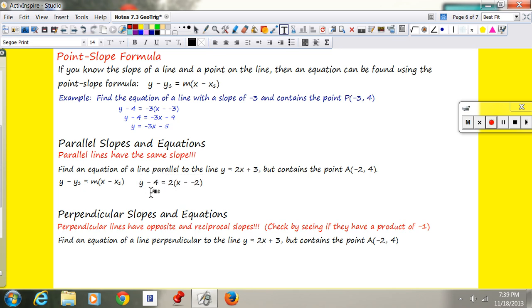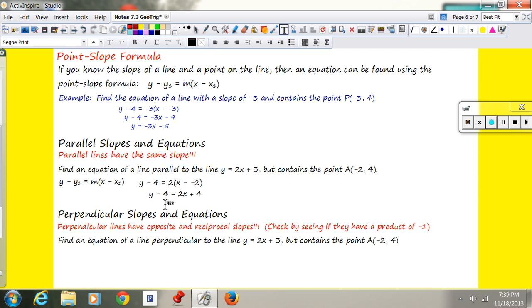So first you distribute your 2, so you're going to get y minus 4 equals 2x, and then 2 times 2 is going to be 4. So 2 times x is 2x, 2 times 2, positive 2 there, is going to be 4.